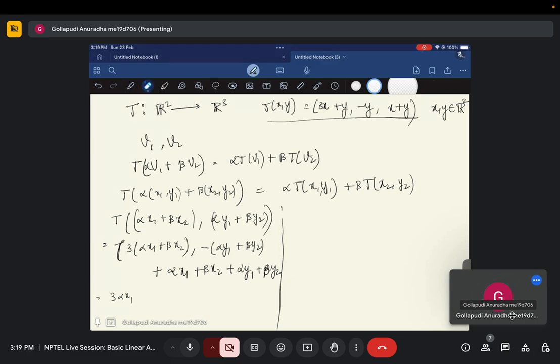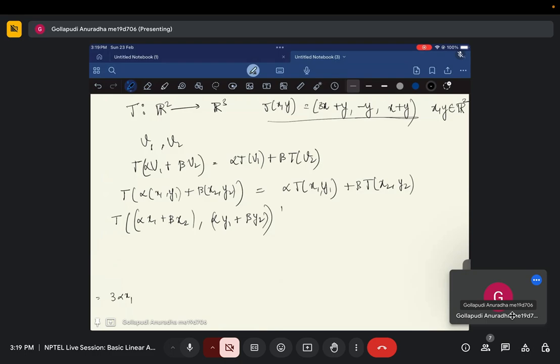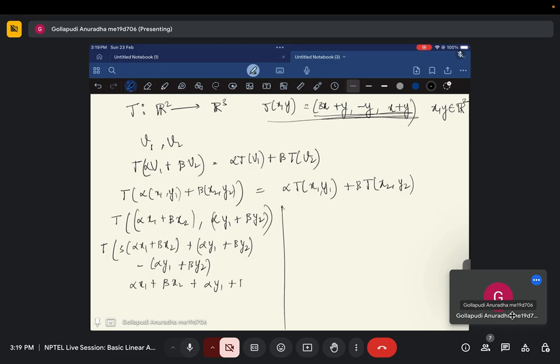Okay, I made a mistake here. So this is the condition which was given. So the new vectors will be, okay.